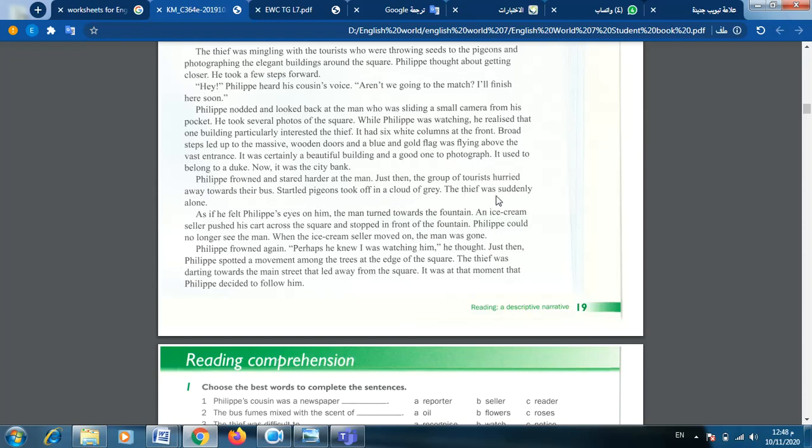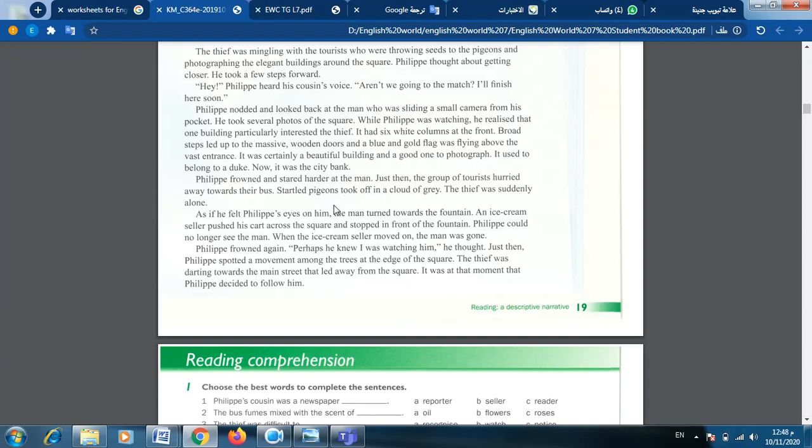The thief was suddenly alone. The tourists started to move. They wanted to leave the square, and the bus came, and they hurried away to get onto the bus.